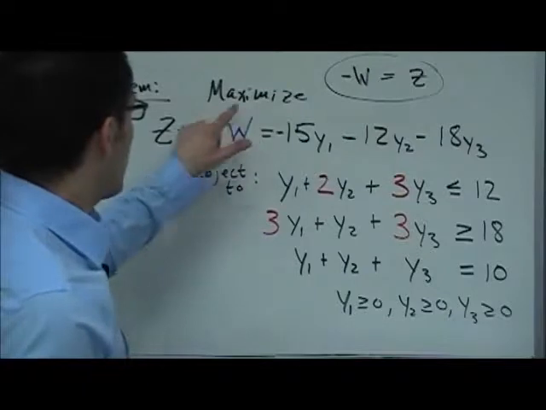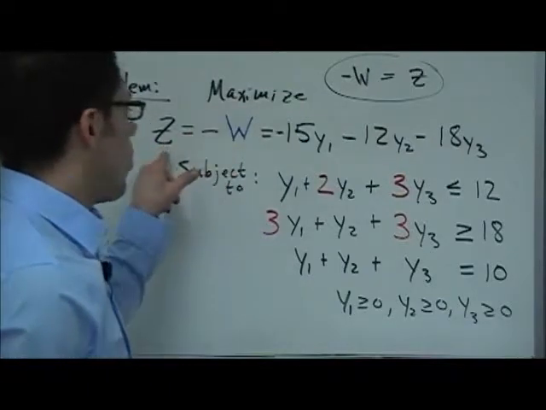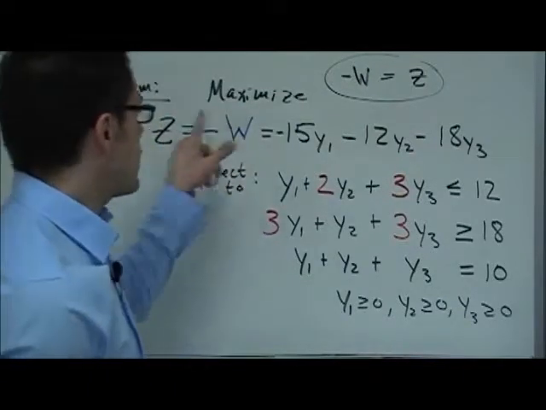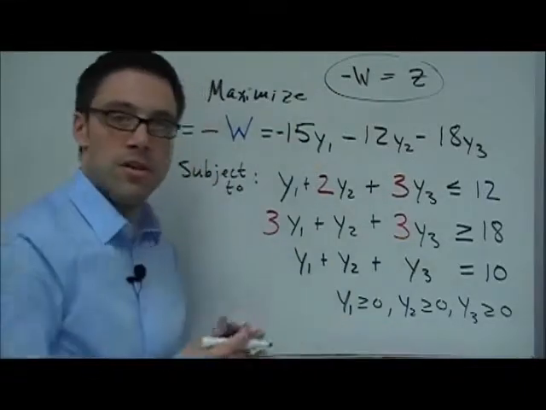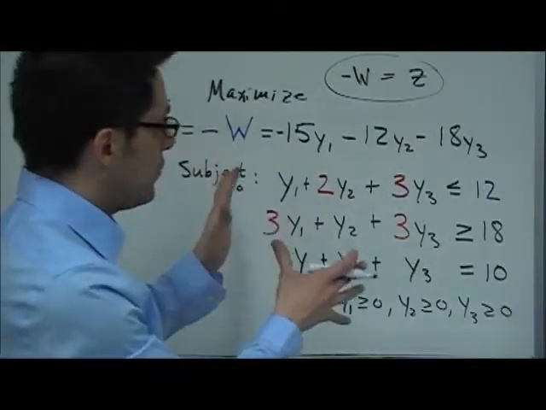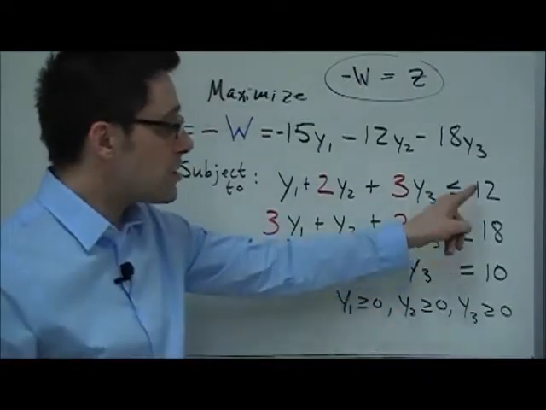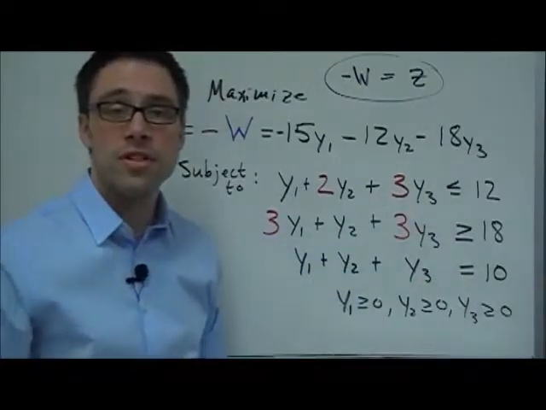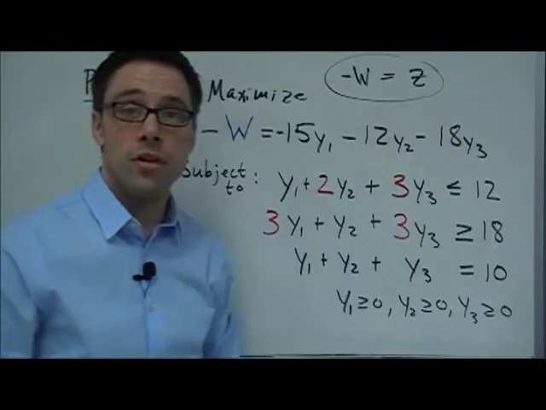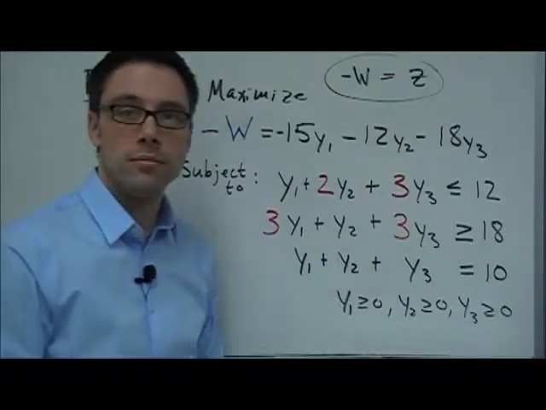I want to maximize minus w, or I'll call that z, subject to the exact same constraints. I've just converted to a maximization problem, and now we can add our slack, surplus, and artificial variables, and then finally convert it into a tableau to work with.